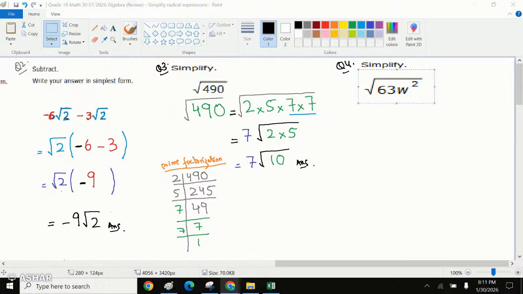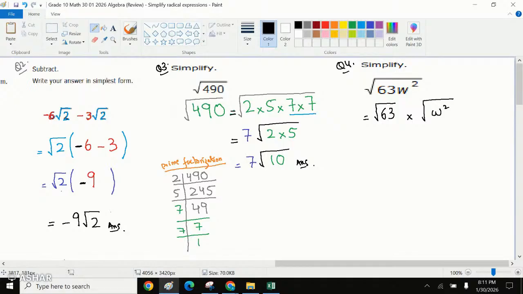Okay, first things first, the number that we have inside the radical, can this be written as radical 63 multiplied by radical w squared?